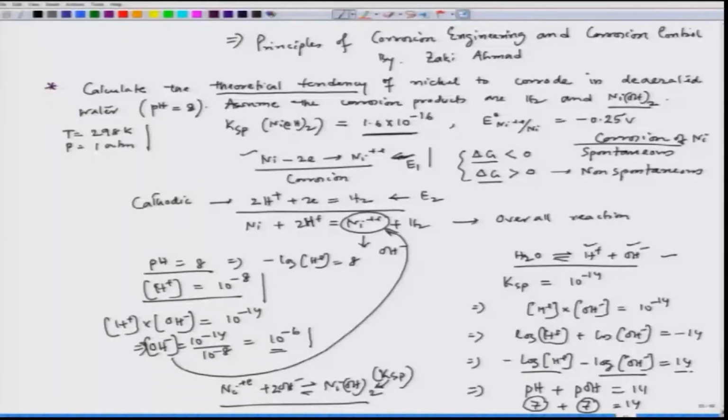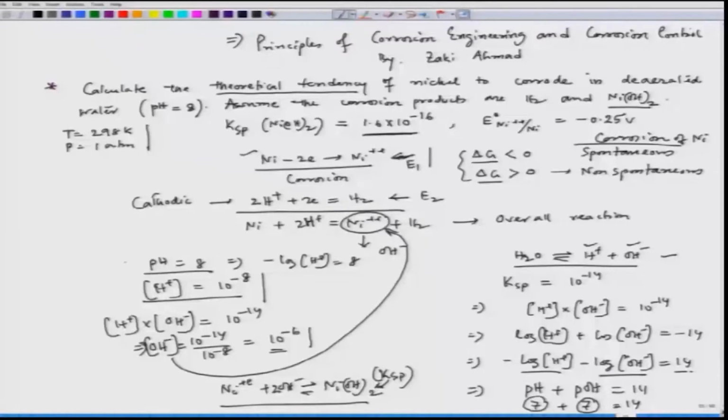And when we have Ni(OH)2, this Ni(OH)2 would dissociate into Ni++ and OH⁻ ions, and we know the pH of the solution, and from the pH we can calculate the concentration of hydrogen ion, and then accordingly we can also calculate the concentration of OH⁻ ion, and that concentration will be in equilibrium as set by the solubility product of Ni(OH)2.